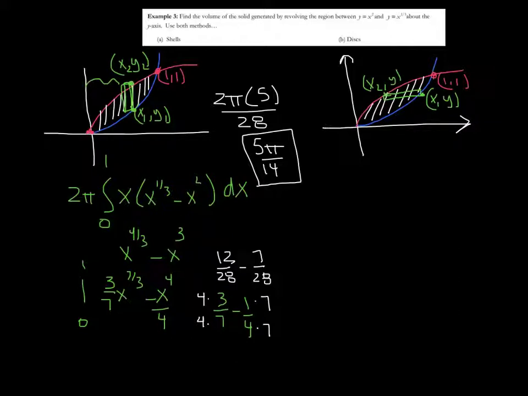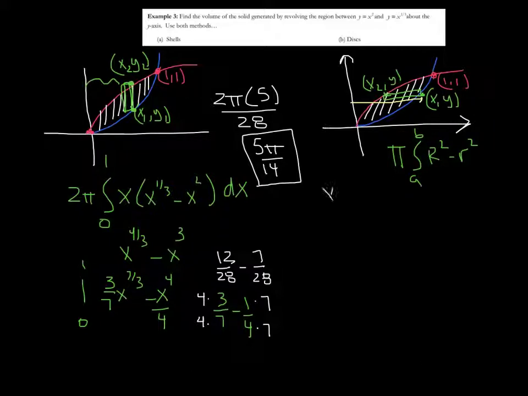For the washer method, it's going to be pi times the integral from a to b of capital R squared minus little r squared. Capital R is the distance from the axis all the way to the furthest part of the rectangle, so that is simply going to be x1.